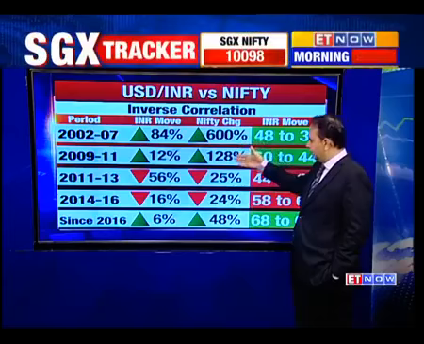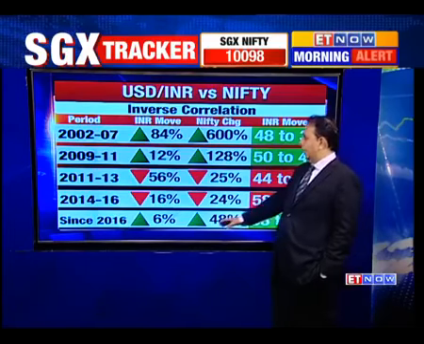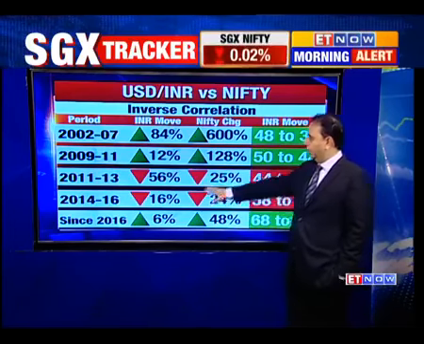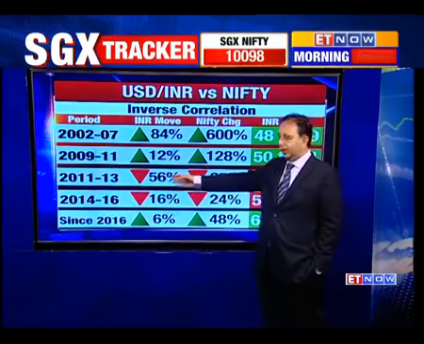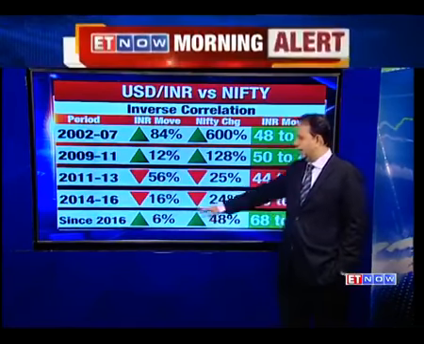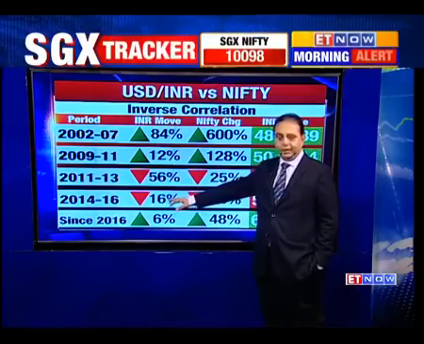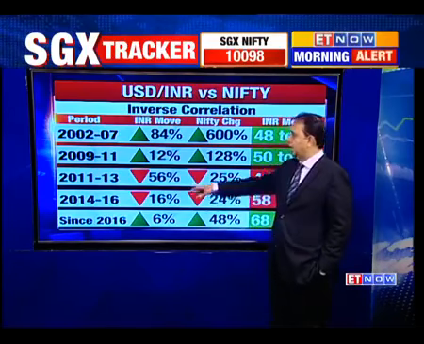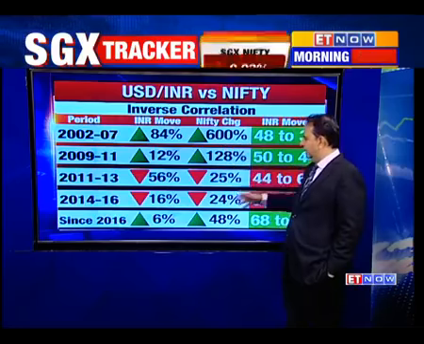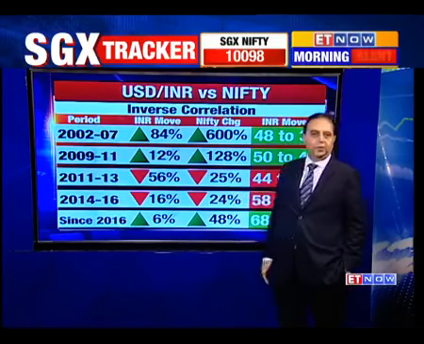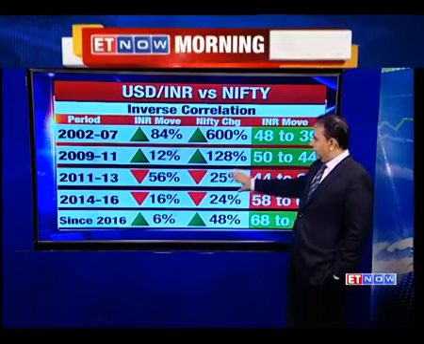So you got 600%, 128% and about 48%. And wherever the INR has lost, which was 2011-13, we had a very large loss of about 56% and about 16% in 2014-16. Earlier to this, there was also a loss of about 11, 12, 13%, and the Nifty had lost a similar 23, 25%. But here is the shift.